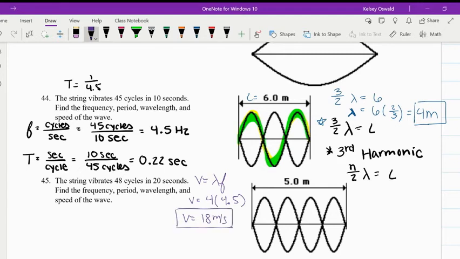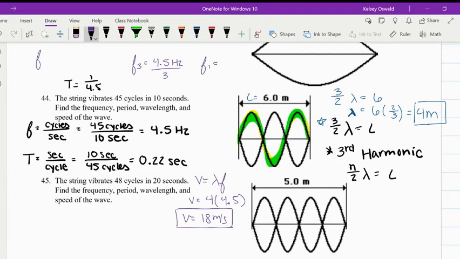Okay. Awesome. A little aside here, something that's kind of fun: we know this is our third harmonic because we have 3 halves of a wavelength, and we saw that the frequency was 4.5 hertz. If we wanted to get the frequency of that first harmonic, all we would need to do is divide this frequency by 3. The problem's not asking for it, but if we wanted to, this is what we could do.